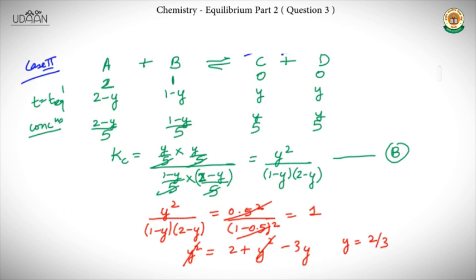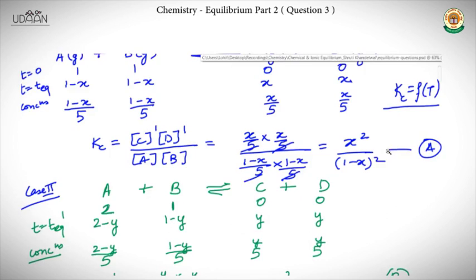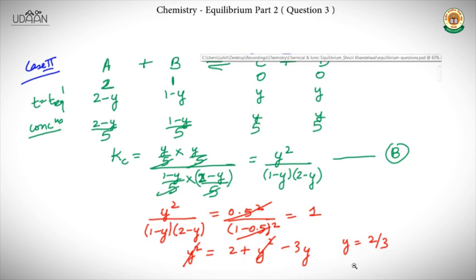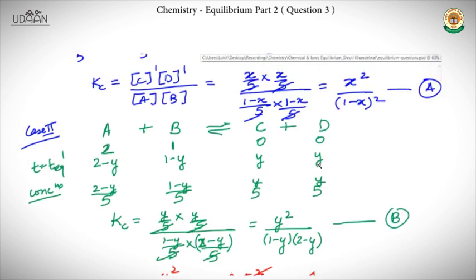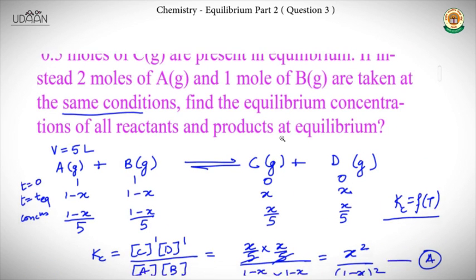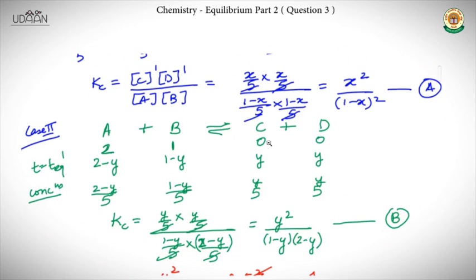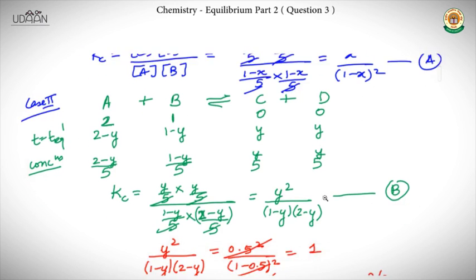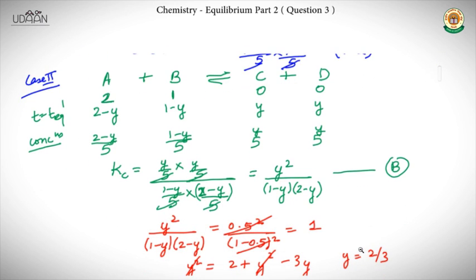The equilibrium concentrations here are 2 minus Y by 5, 1 minus Y by 5, Y by 5, and Y by 5. If we substitute the value of Y here, we'll get our answer.